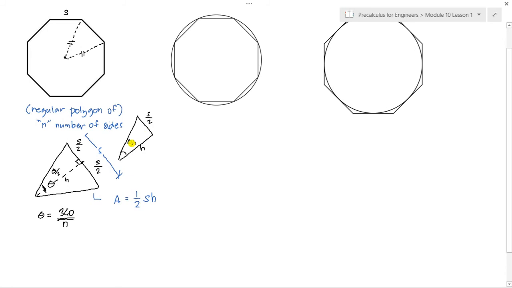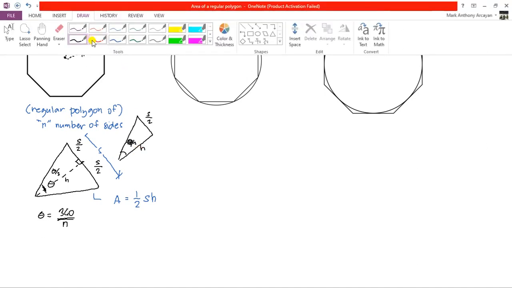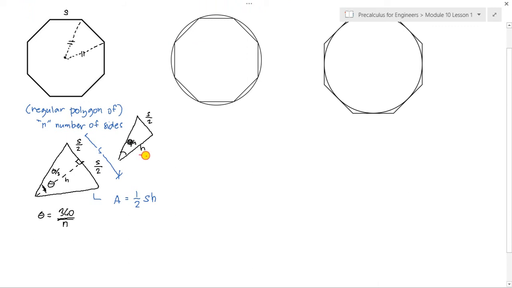Now, unsa man nga identity atong magamit ani in order to solve for h in terms of s over 2. Diba? The location of s over 2 is opposite to the angle, and then the height is adjacent. So, unsa may trigonometric identity ang magamit ni ini? Cosine?